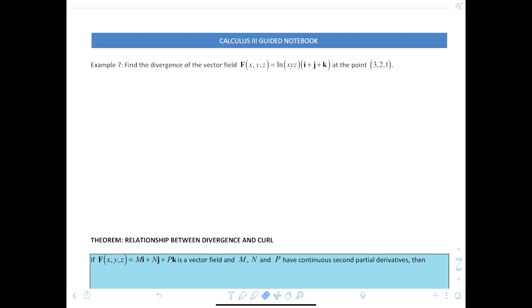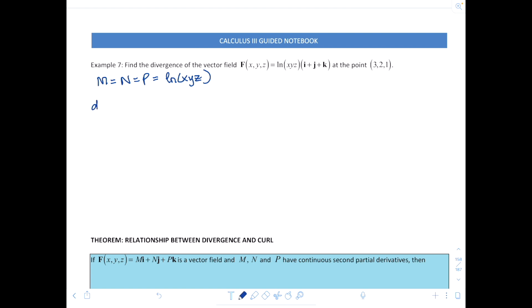So example 7, let's take a look. Find the divergence of the vector field f at x, y, and z is natural log of xyz, all of that times i plus j plus k. So notice m will equal n will equal p at the point 3, 2, 1. So m equals n equals p equals natural log of xyz.